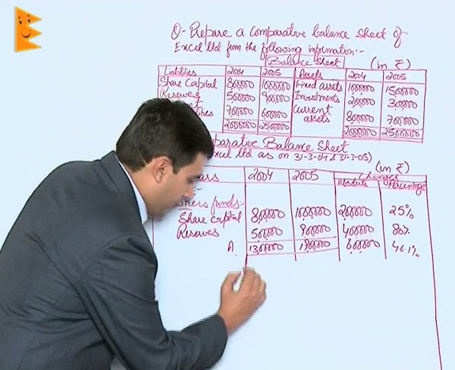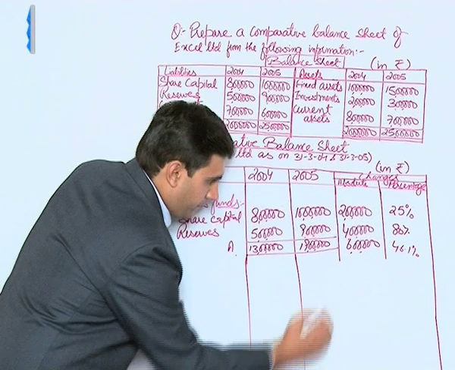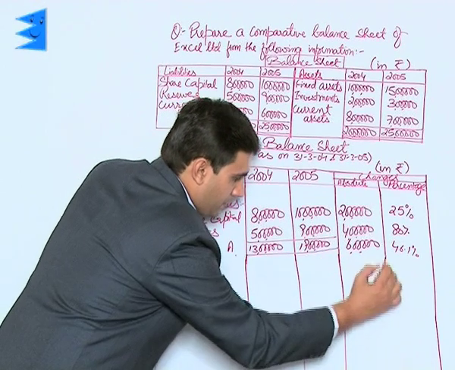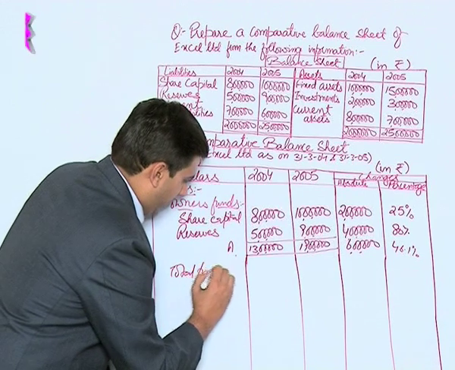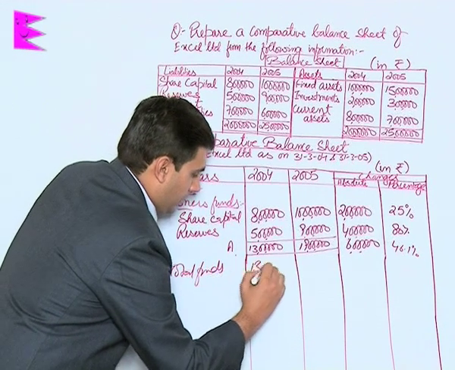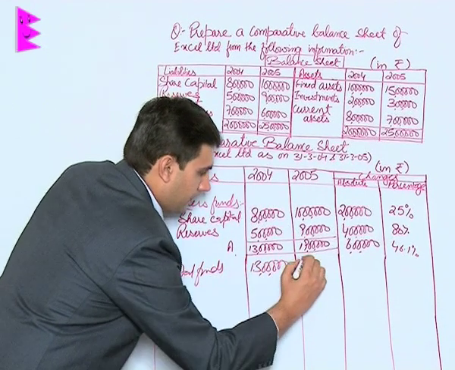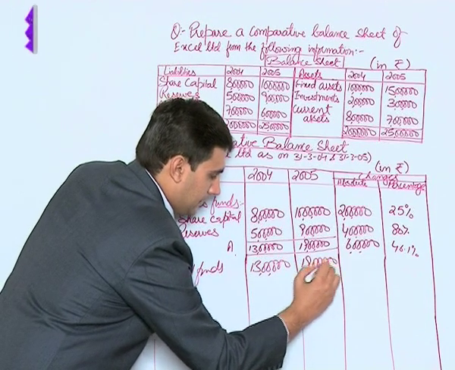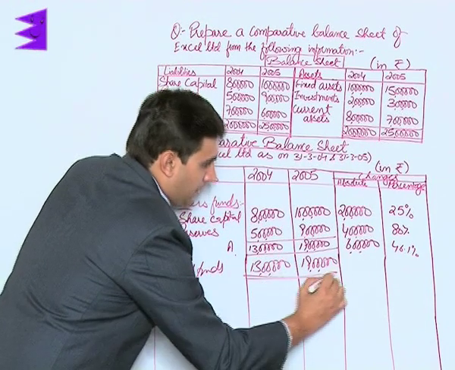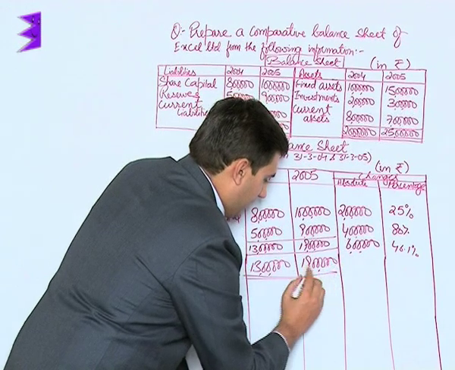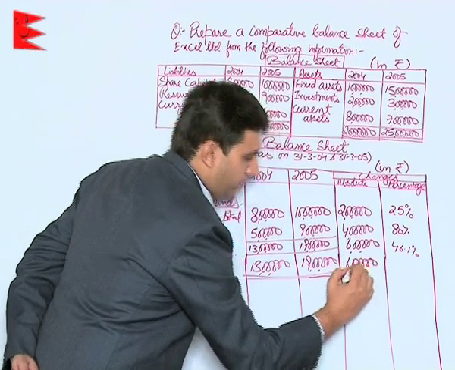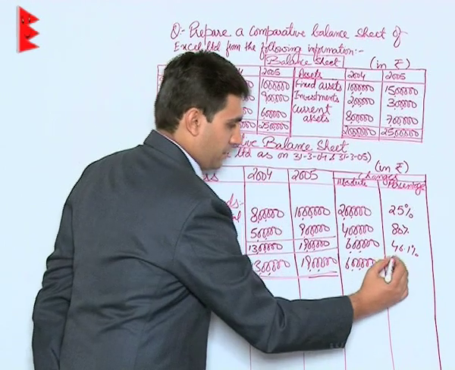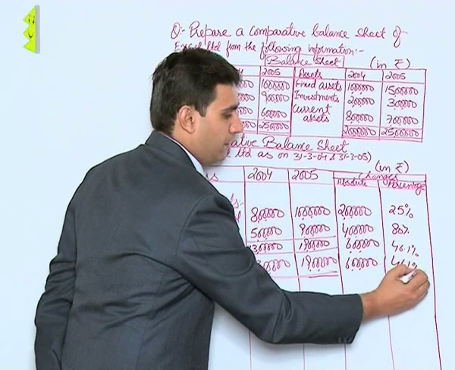It would be your total funds, 13 lakh and 19 lakhs. The change is same, that is 19 minus 13, which is 6 lakh. Percentage change is 6 upon 13, that is 46.1%.